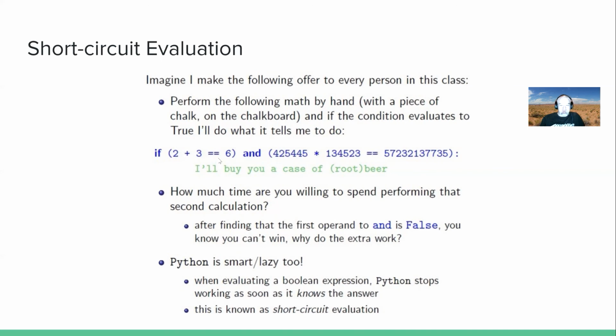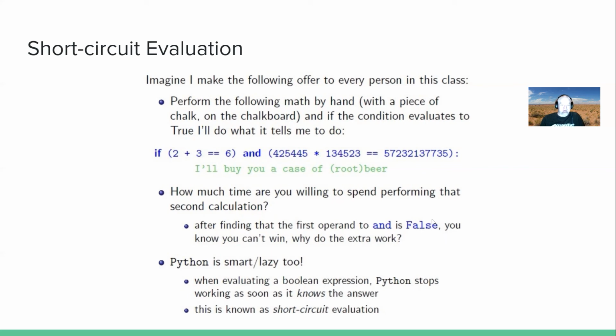If you're a little bit lazy like me, you'd think, I just need to prove one of these is wrong. And looking at this, I can pretty clearly see that 2 plus 3 does not equal 6. This will necessarily be false. So there's no point in calculating this because this is false. This whole and statement will also be false necessarily, right?